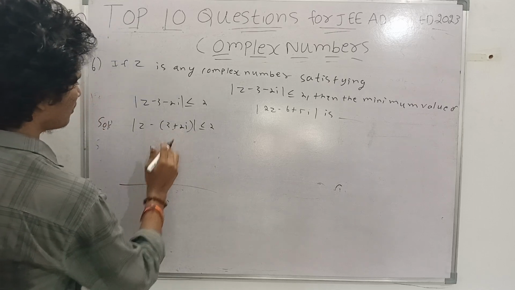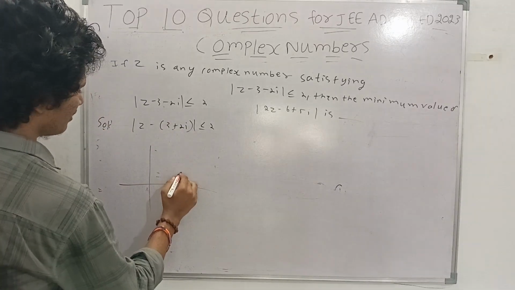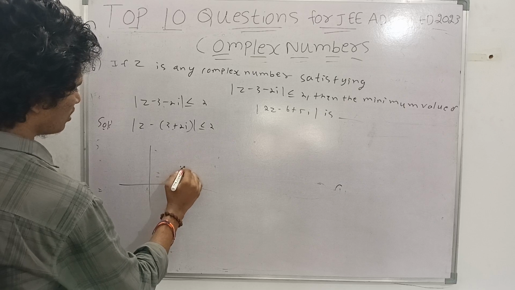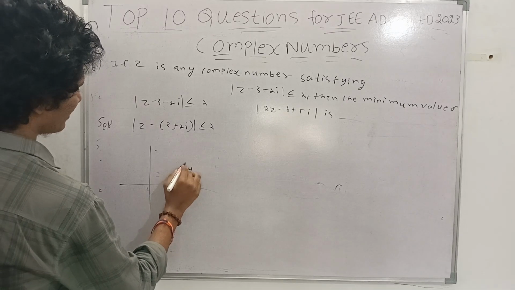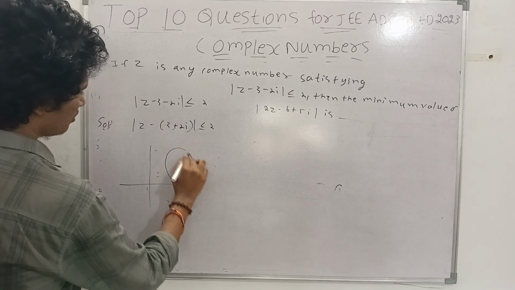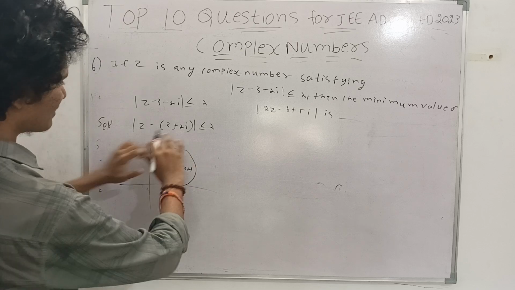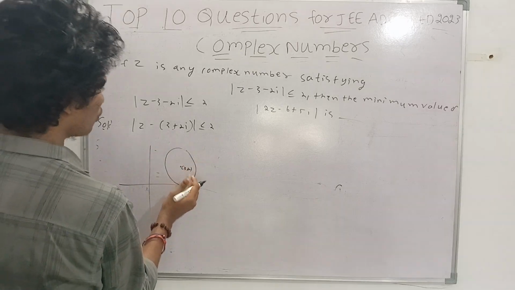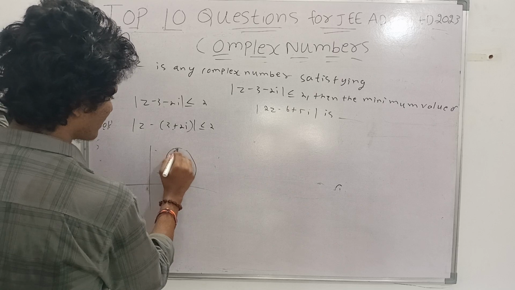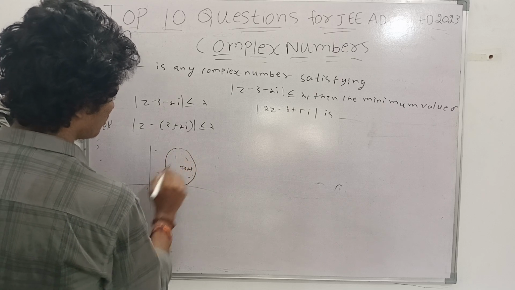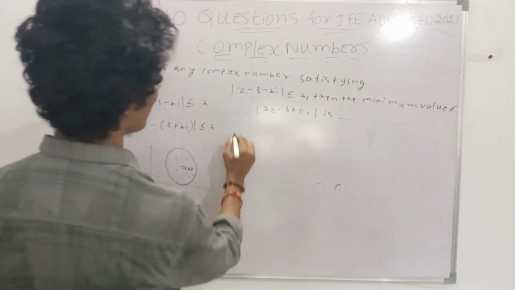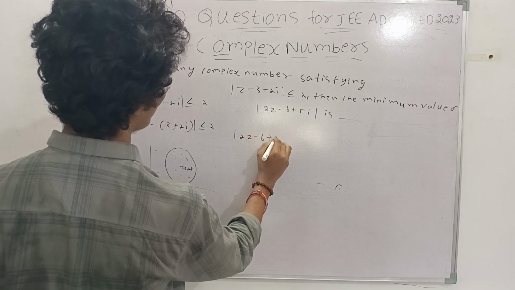What is the center? 3 comma 2. This is 3 and this is 2. This is the center 3 comma 2, and this is a circle. And z is less than or equal to 2 from it, that is, z is lying on the circle and inside the circle. Now they have given another relation, mod 2z minus 6 plus 5i.